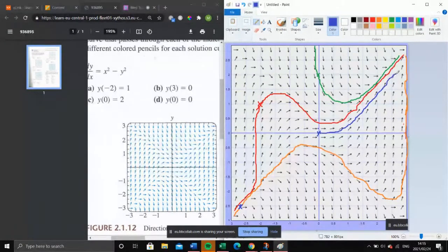Then if I follow it backwards, it's coming from this direction, and it's going like that. All right.